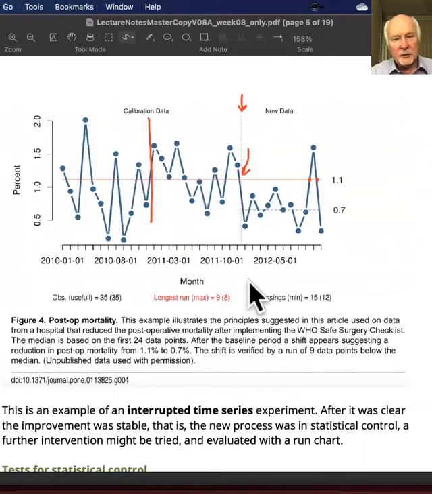If you do a course in statistical process control, a Six Sigma course or a TQM course or something, you'll learn about a whole series of different charts. Generically they're called control charts, and they're used for different specialized applications.